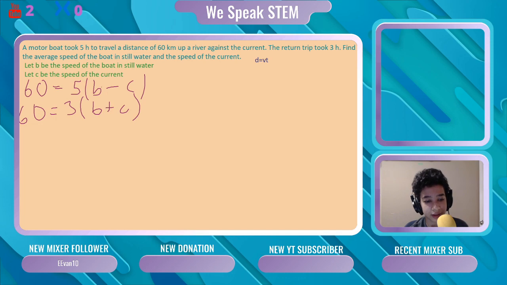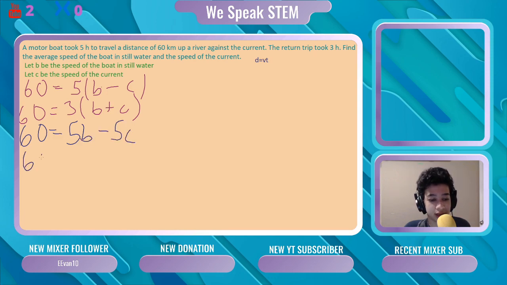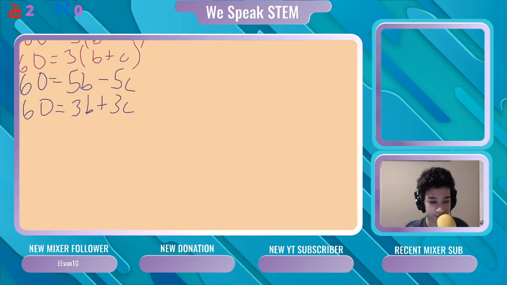Let's start by simplifying these. 60 equals 5b minus 5c, and then 60 equals 3b plus 3c. From here I'm going to put one into y equals mx plus b form, because then we can use substitution, and that'll be easier.